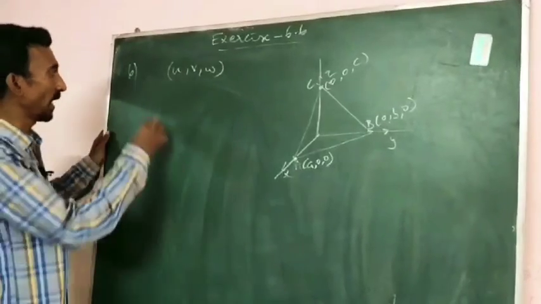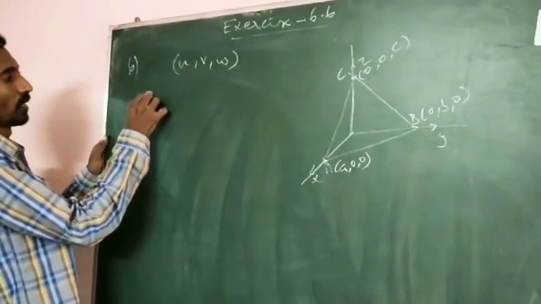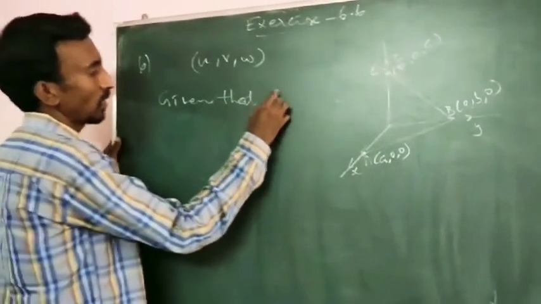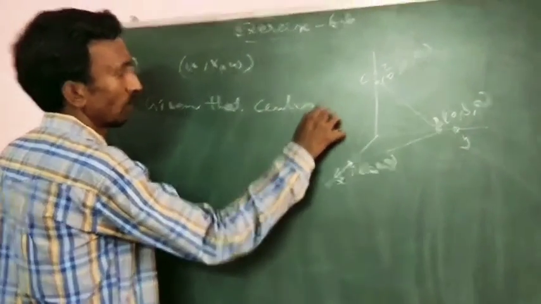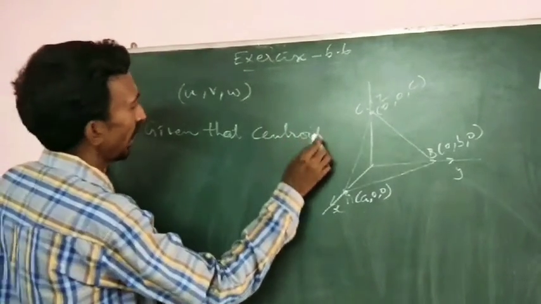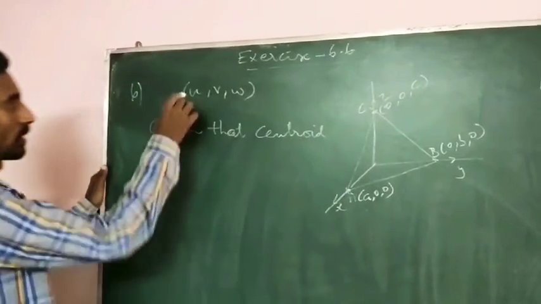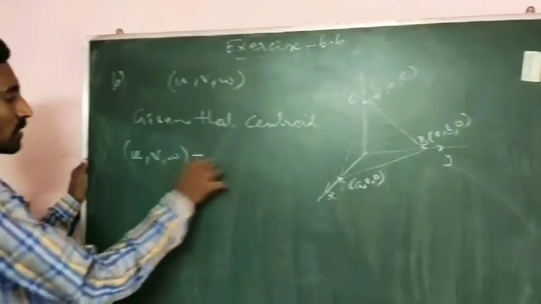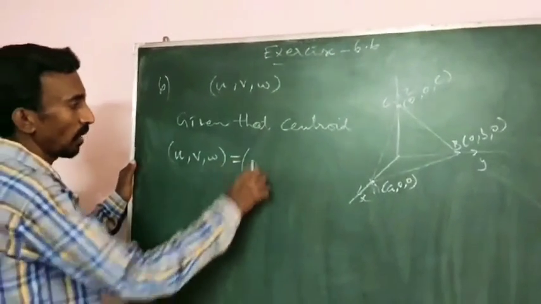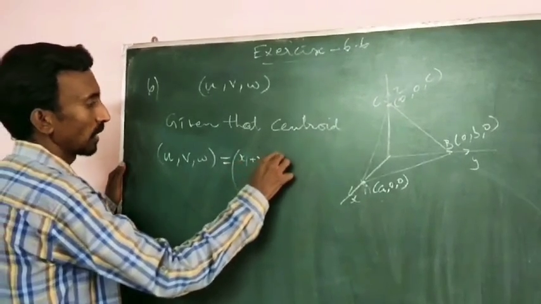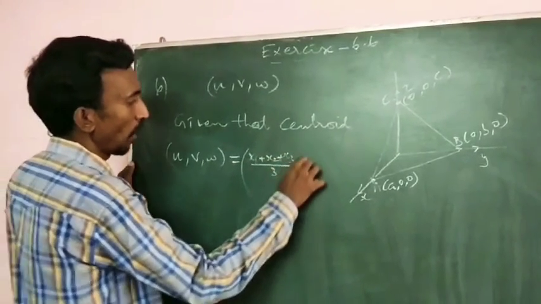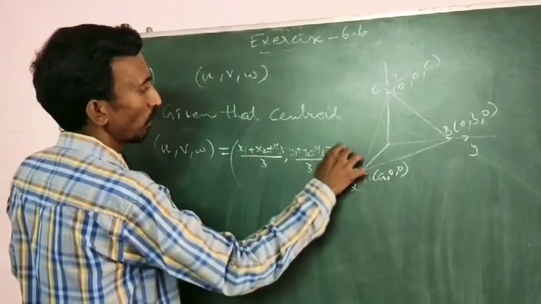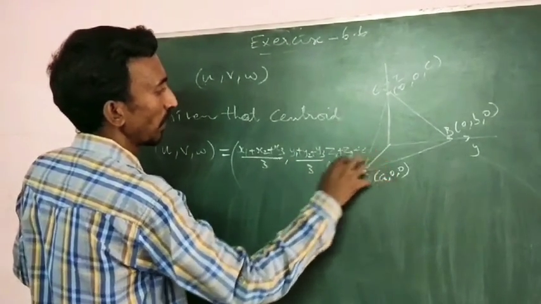Okay. So given that centroid of the triangle is (u, v, w). So (u, v, w) is equal to, what is the formula? (x1 plus x2 plus x3) by 3, (y1 plus y2 plus y3) by 3, (z1 plus z2 plus z3) by 3.